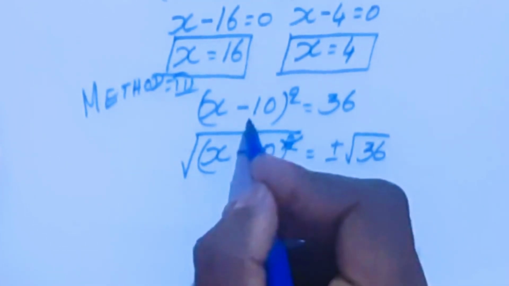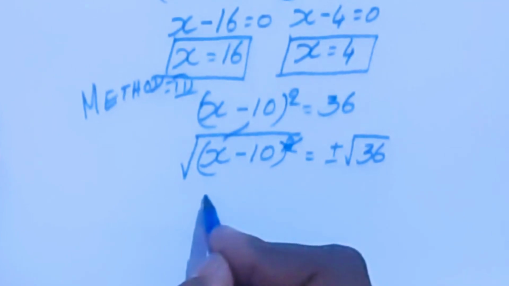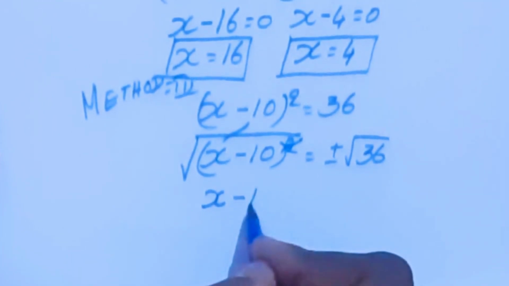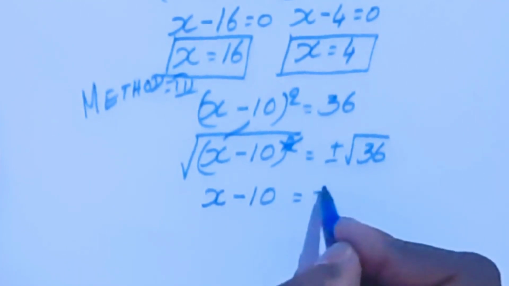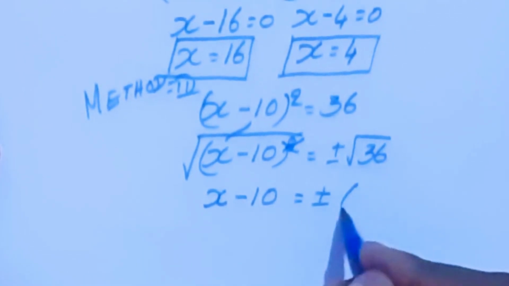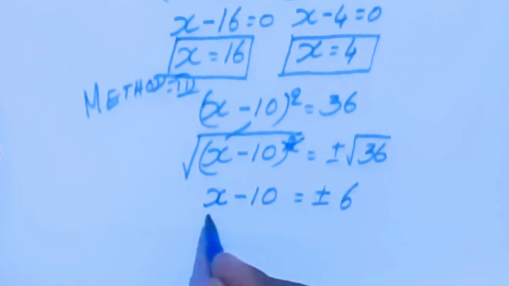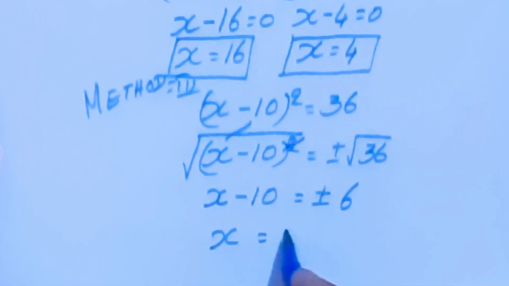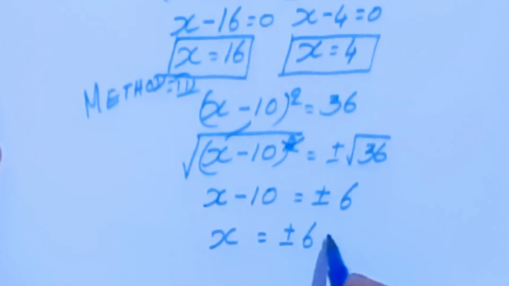Now this square and square root will cancel each other. Now we have x - 10 = plus or minus 6, as the square root of 36 is 6. Now we are moving this -10 to the right hand side, so x = plus or minus 6 + 10.